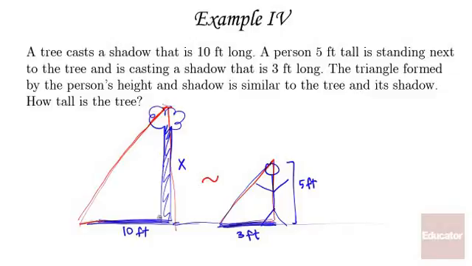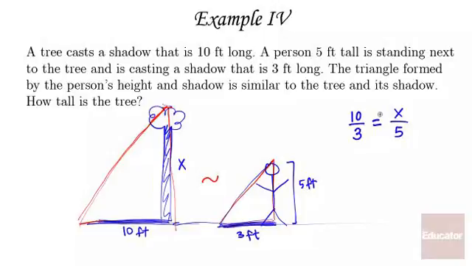So I can say the 10 feet, the shadow, over the 3, because this side is corresponding to this side, is going to be equal to the tree's height. Remember, if you started off with this tree triangle, then you have to start it for the next one. So the tree height, x, over the person's height, 5.